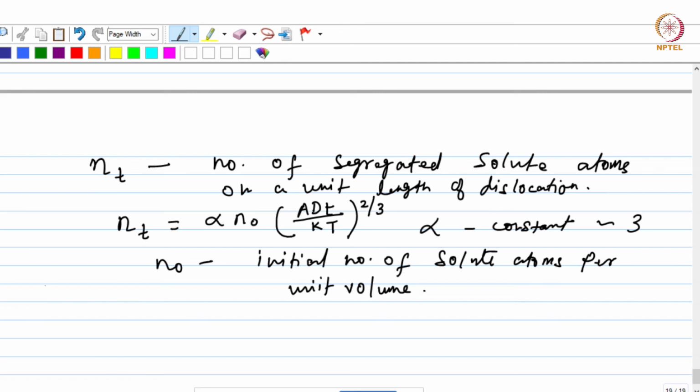Right, and from here you can also get the fraction of solute segregated to the dislocation. If you simply divide this NT multiplied by the dislocation density rho by N0, you will get this fraction of solute segregated to the dislocation.